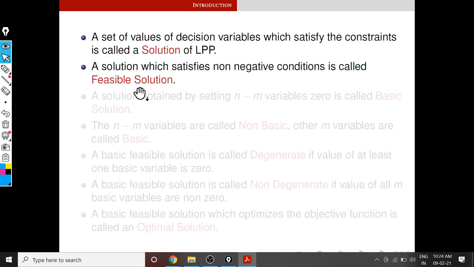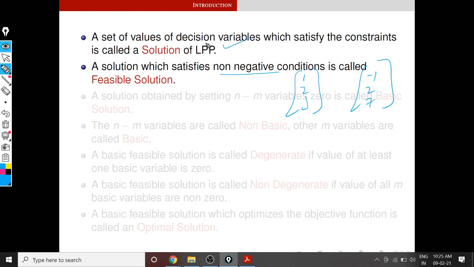Next one is feasible solution. That is very easy. A solution with non-negative conditions. Solution means those vectors which satisfy the constraints, with one extra condition, the non-negative restriction. Suppose we have only three decision variables, and suppose both (1, 2, 3) and (-1, 2, 7) are solutions of this LPP.